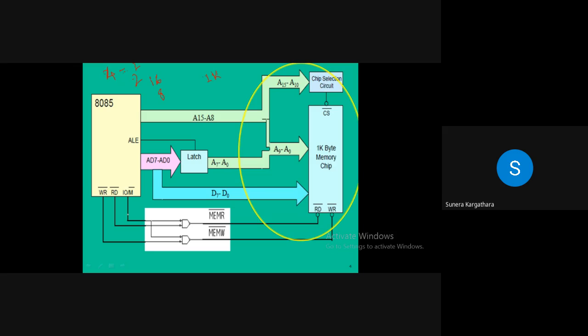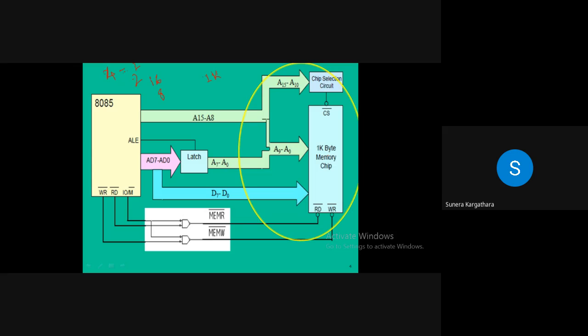Input output is not connected anywhere right now. If you apply 1 here, then 0 will be selected, 0 0 0, and here it will get 1, so memory read bar is selected. In the same way the memory write bar pin is also connected, right? So here you can communicate with your RAM, which has a size of 1 kilobyte.